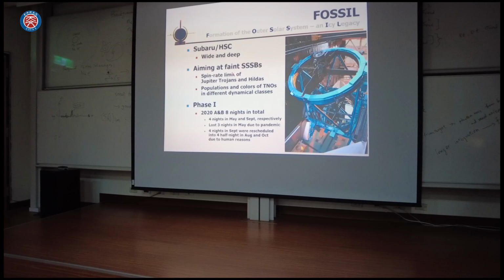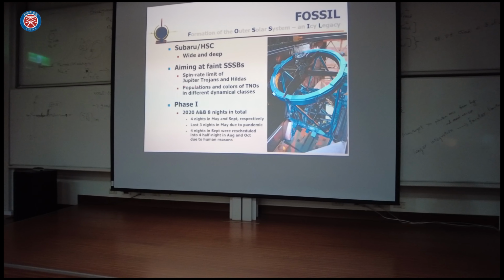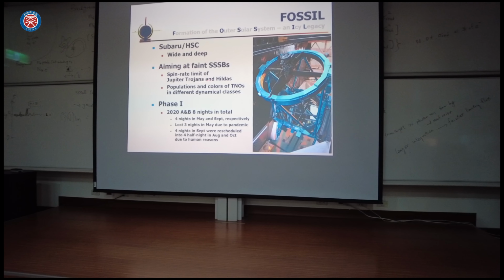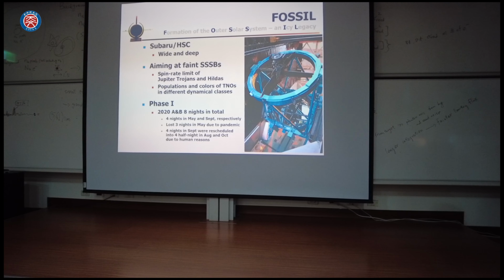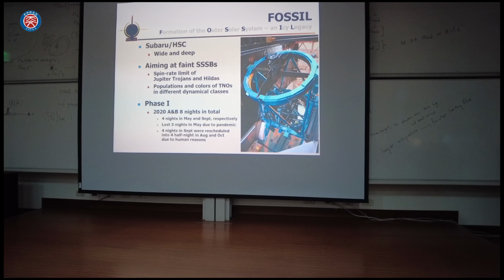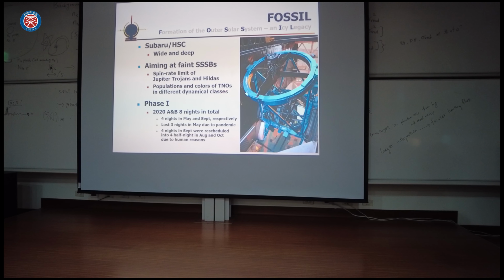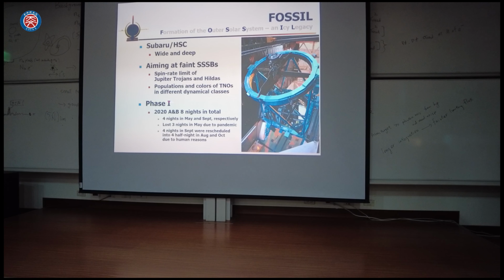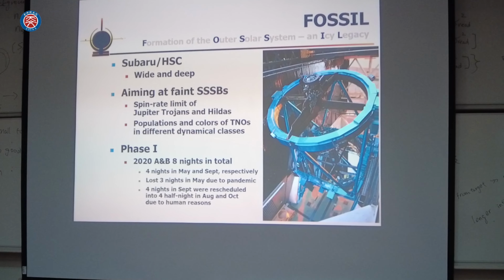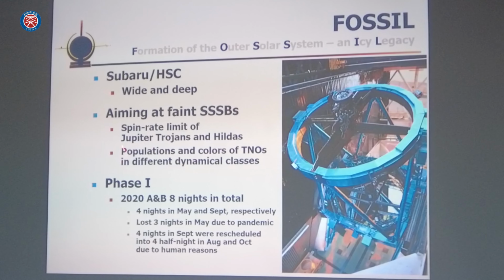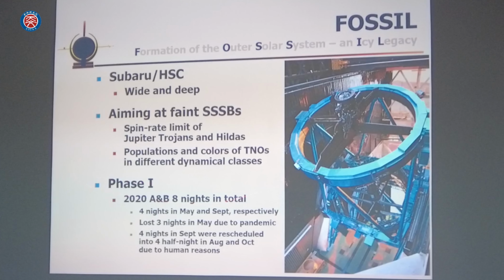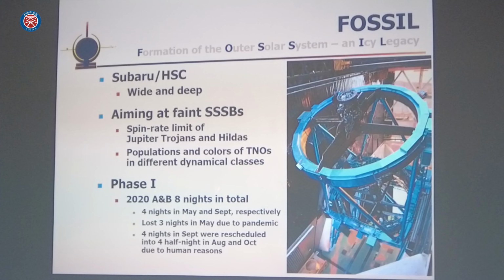We have 2 major scientific goals. The first one is to identify the spin rate limit of Jupiter Trojans and Hildas. The second is to determine the population and the color of trans-Neptunian objects in different dynamical classes, because this helps us understand the early stage of the solar system.